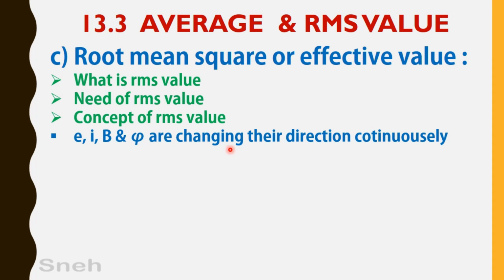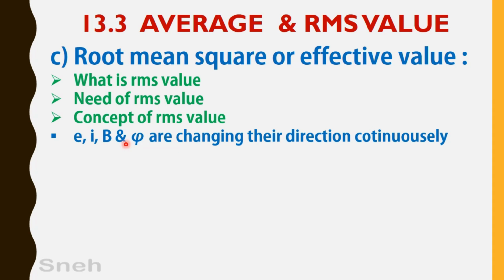So there is no chance of using these terms for measurement of EMF and current, because as EMF and current behave, B and phi are also alternately changing. So over one cycle, their average is also 0.